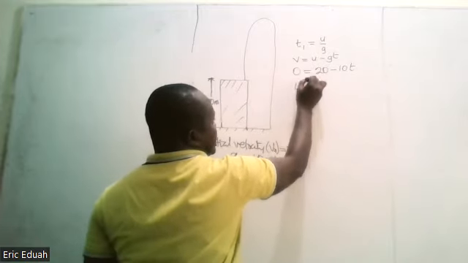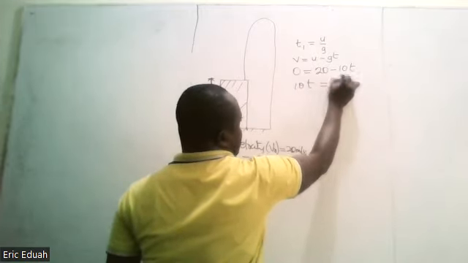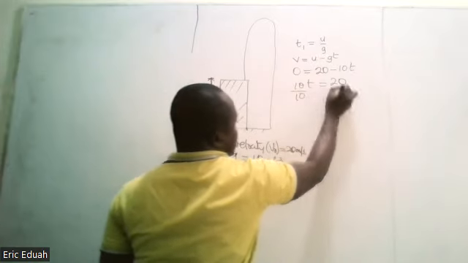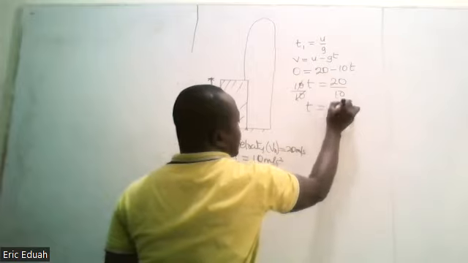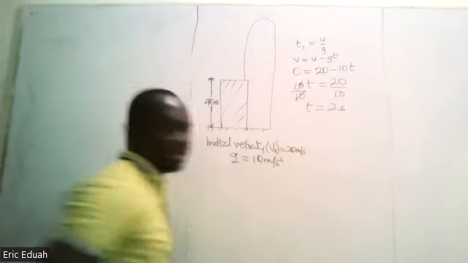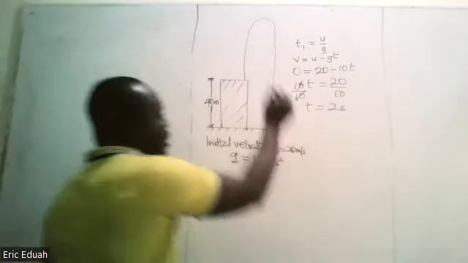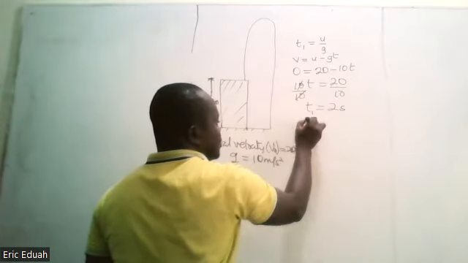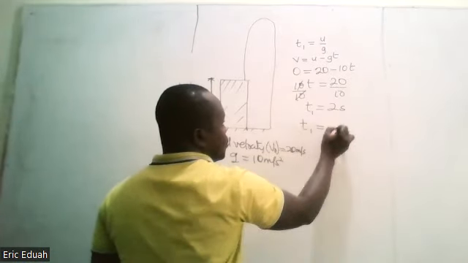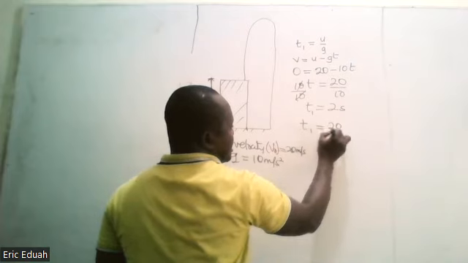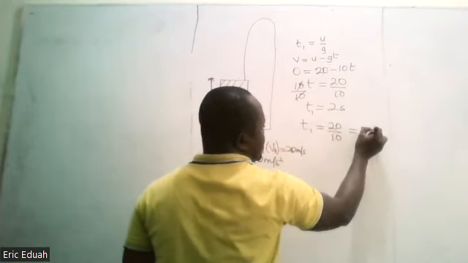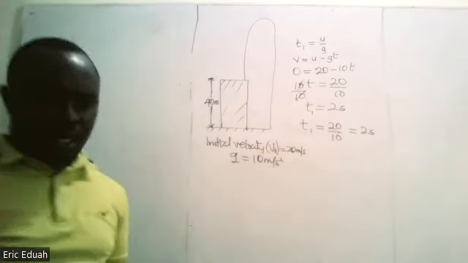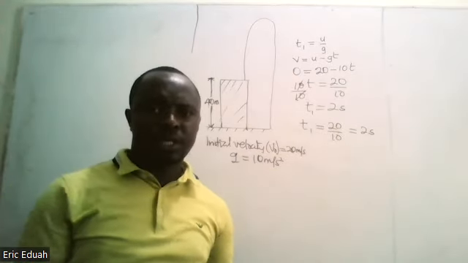Therefore, time t would be equal to 20 over 10, making t the subject we have t equal to 2 seconds. Okay, or if we want to use the formula straight away, U is 20, g is 10, this is equal to 2 seconds. Let me see those of you who got this correct.